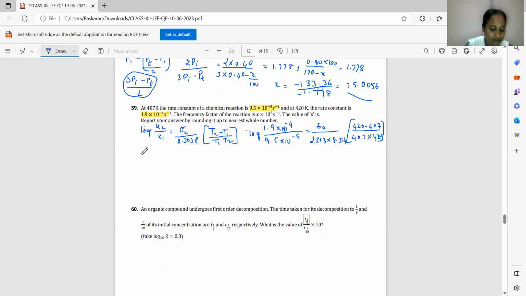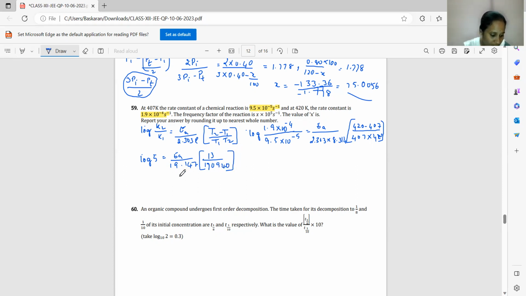When you are simplifying this, basically you will get log 5 is equal to Ea by 19.147 into 13 divided by 170,940.